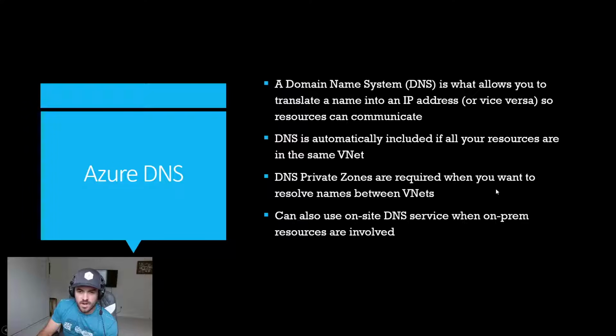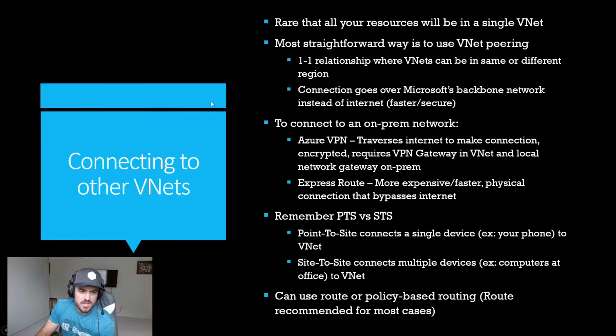Private zones, though, are required when you want to resolve names between VNets. So if you've got more than one, which is not uncommon, you're going to need some private zones. And you can also use on-site DNS services when on-prem resources are involved to connect everything and have that hybrid environment.